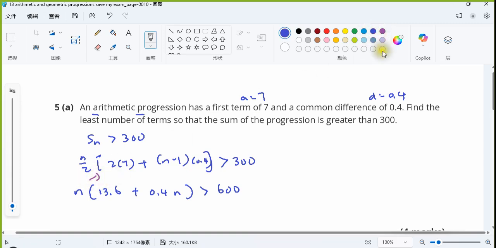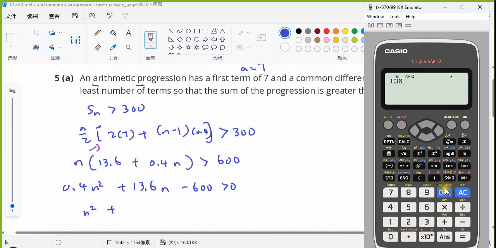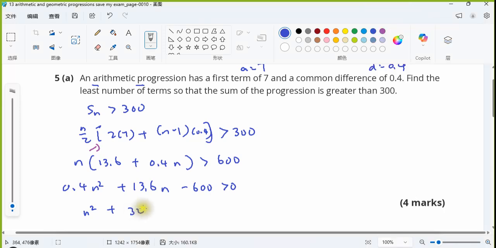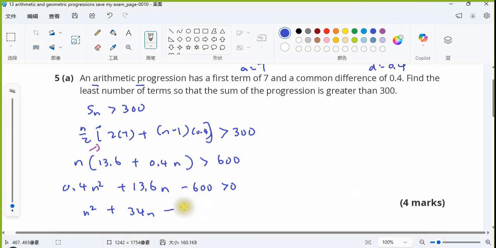So next we will have 0.4n squared plus 13.6n minus 600 greater than 0. Divide everything by 0.4: n squared plus 13.6 divided by 0.4, which is 34n, minus 600 divided by 0.4, which is 1500, greater than 0.